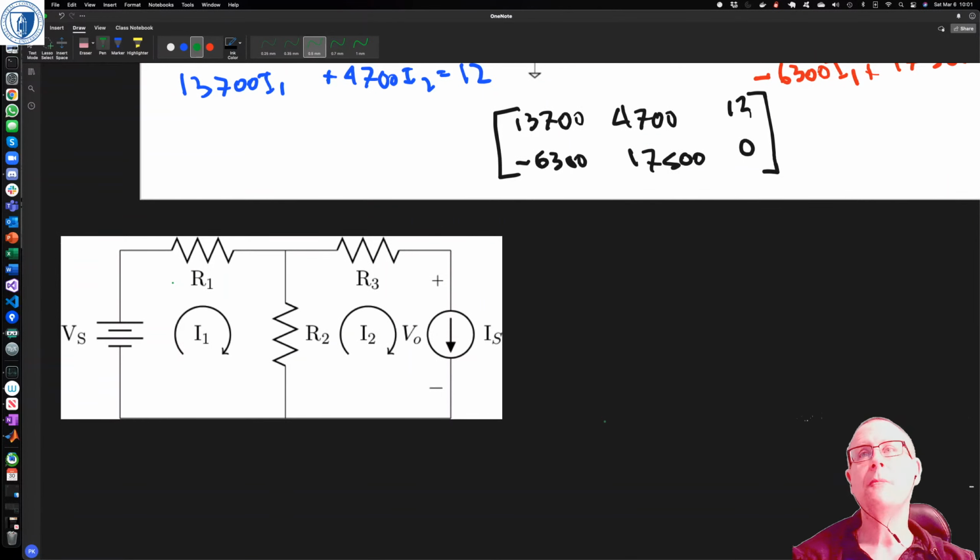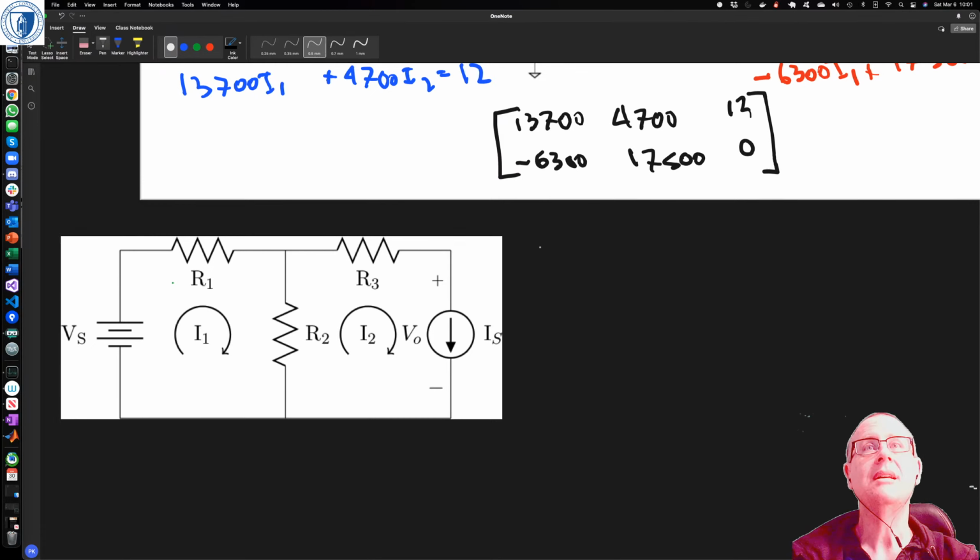Okay, so even though this is a current source and we don't know what V out is, we can still write a KVL equation for I2, right?